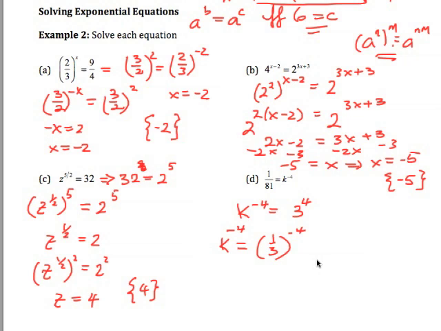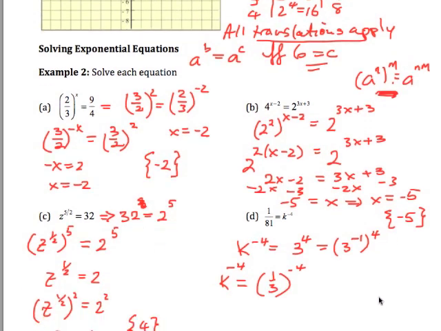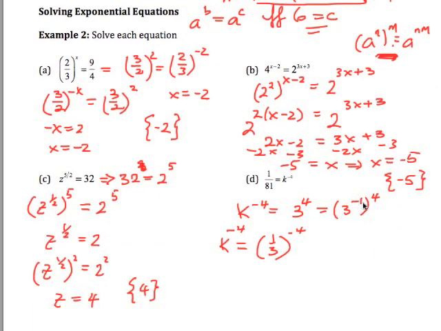So consequently, this could be 3 to the negative 1 to the power of 4, again using this particular property. And of course 3 to the negative 1 is 1/3. So this tells me that k is equal to 1/3, and so our solution is 1/3.